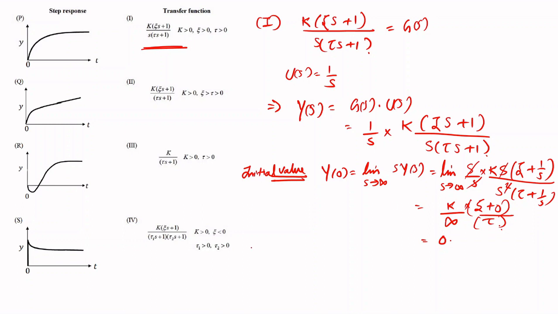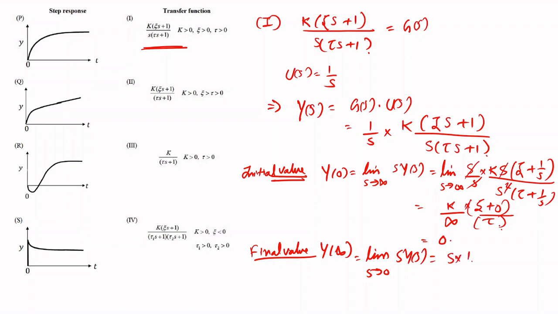Now we can find the final value, that is at time t equal to infinity. What is the value? We can find it by limit s tends to 0 of s Y of s. So we can just put the value of s as 0 in this equation.